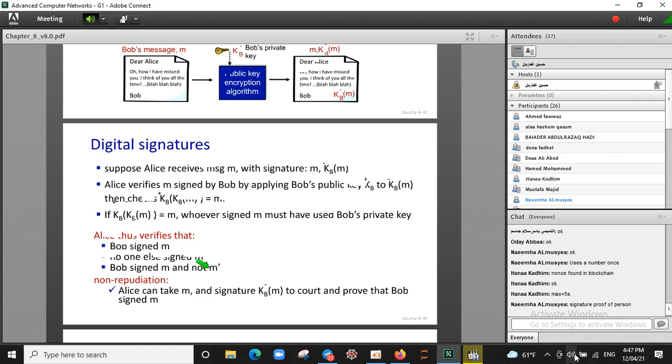How can we use this digital signature? For example, I receive a box. Okay, you are buying this box. Please pay me, for example, $100 for this. Me, I bought nothing.